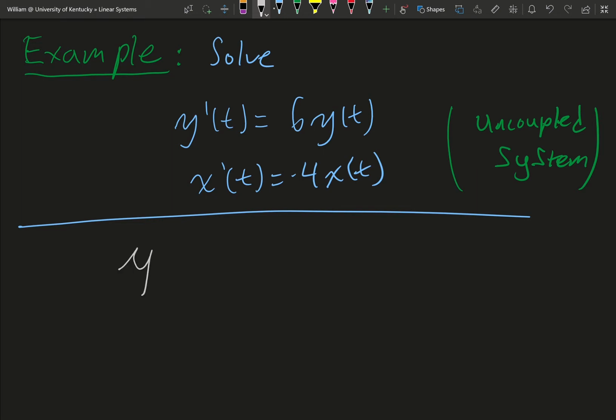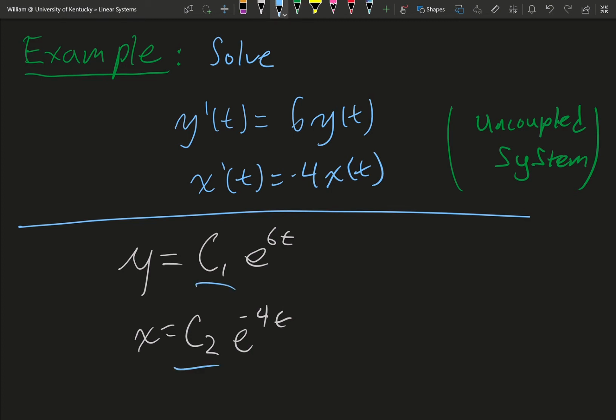There's really no extra work, it's not any harder. It's just, you're doing it twice. y equals c1 e to the 6t, and x equals c2 e to the negative 4t. Note the one important thing is that we are going to have two constants here.